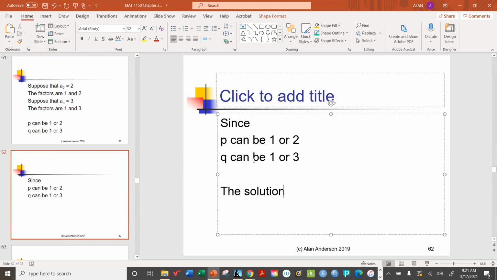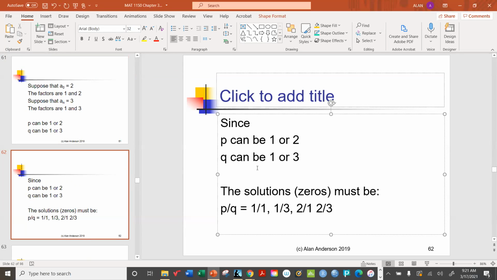The solutions or roots or zeros must be, now remember, we're looking for P over Q. So basically, all we have to do is go through all the combinations of P and Q. We can have 1 over 1, 1 over 3, 2 over 1, 2 over 3.